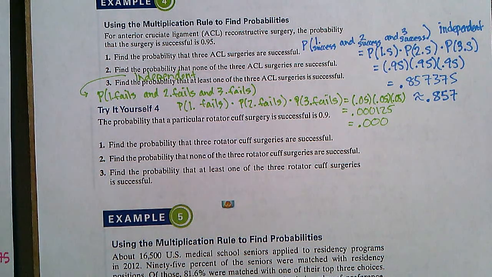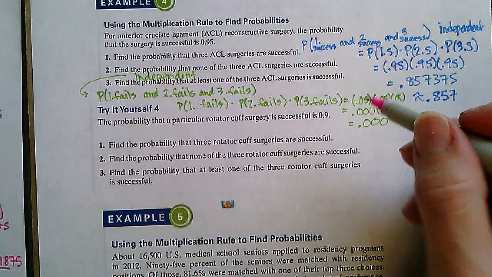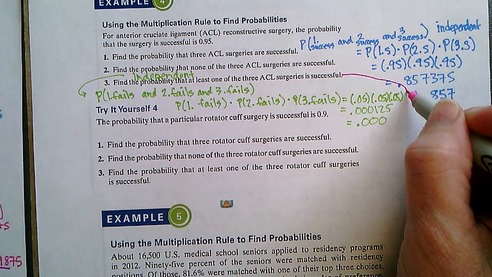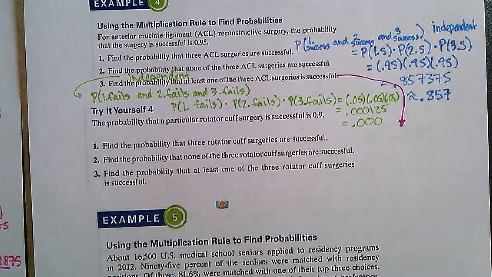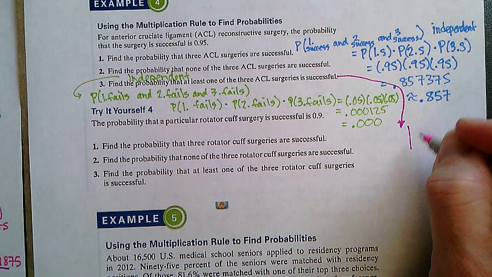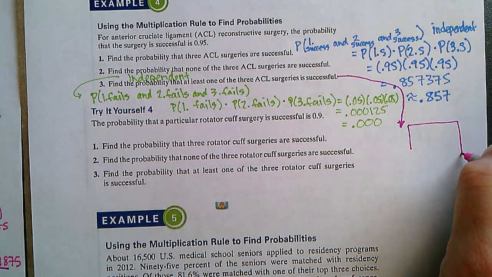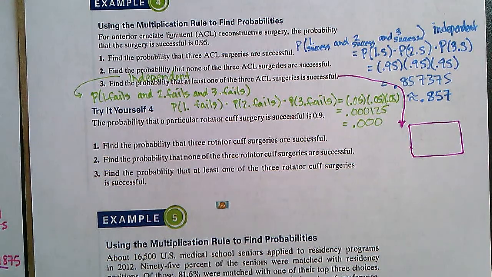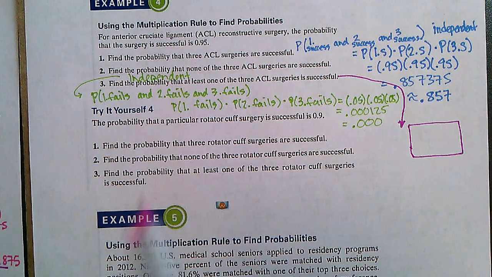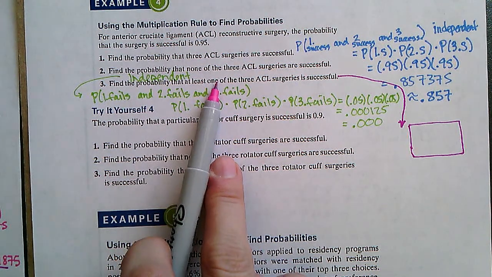Find the probability that at least one of the surgeries is successful. Okay, so we're going to talk about complementary events here, because here is my sample space. I have 3 surgeries. What I want to find is the probability that at least one is successful.